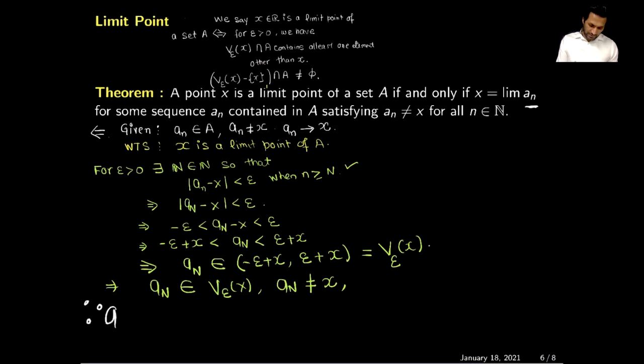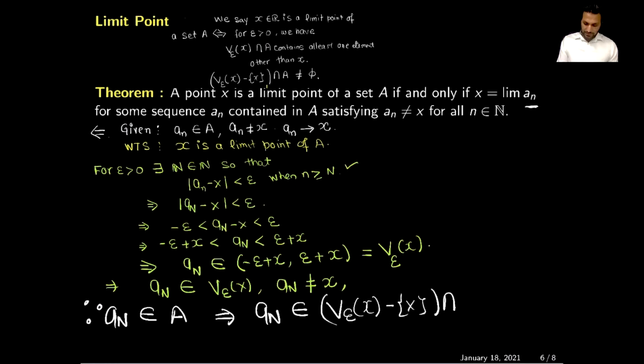Since a_N is also given to be a member of that set A, this implies a_N belongs to the intersection of the epsilon neighborhood of x, if I delete the x from that, and A. Or in other words, this neighborhood, when it intersects with A, is non-empty.